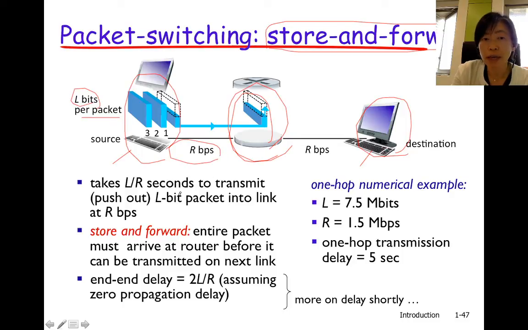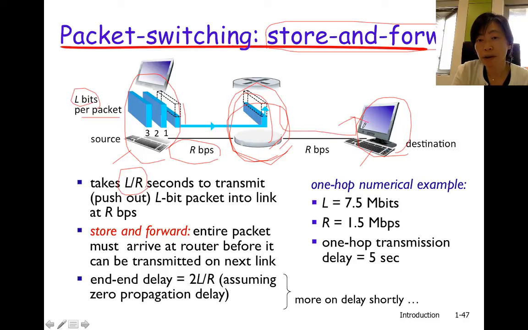Now you can actually calculate how long it takes for packet 1 to get transmitted entirely and arrive here. That will be the size of the packet divided by the link bandwidth. Because we need to store before we can forward it, the router needs to wait L divided by R seconds until the packet is entirely here, and then spend another L divided by R time to transmit it further.